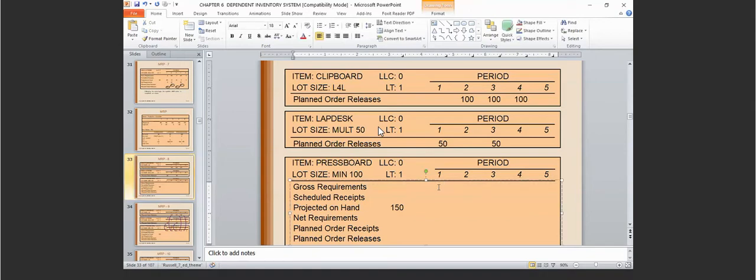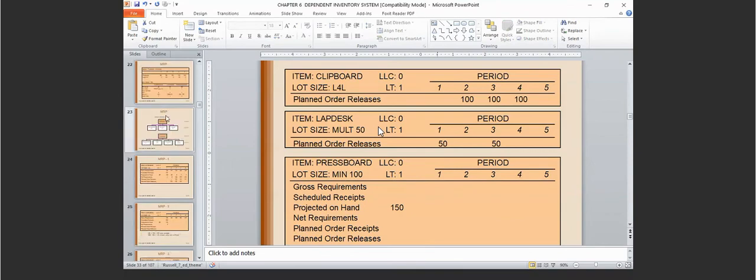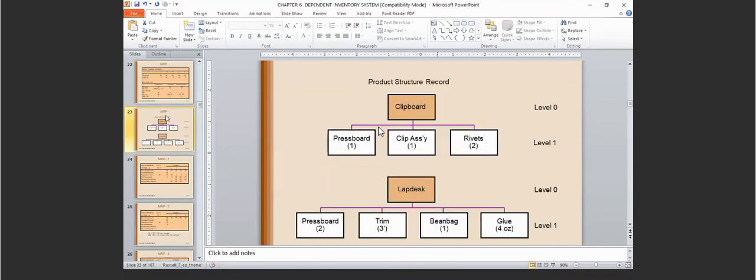But we need to be careful and assess the product structure tree of the clipboard and lab desk here.